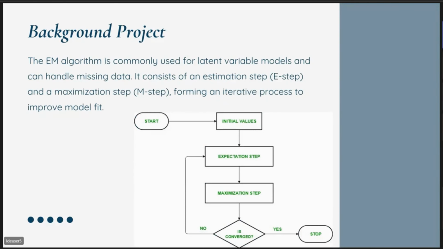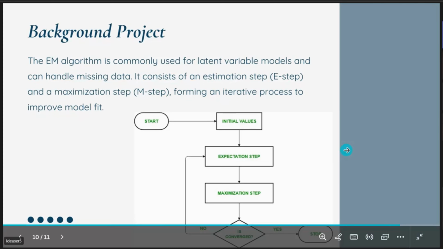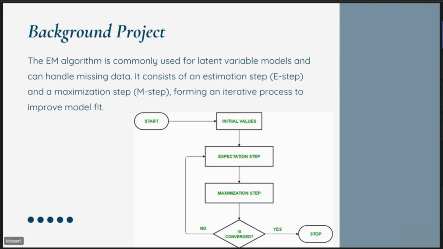If you take this EM problem, this is a simple flowchart depicting the process. Once your algorithm starts, you initialize all the values that you're going to use in your algorithm. Next, you go to the expectation step.